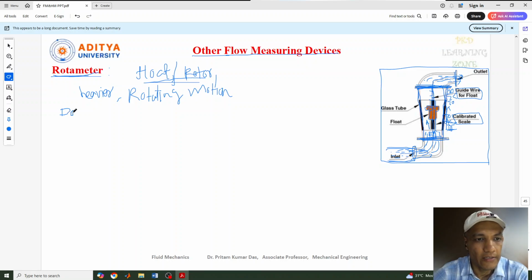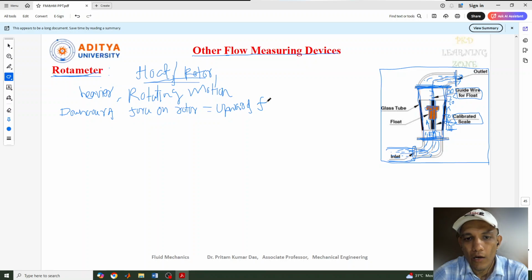That is nothing but the downward force on the rotor. So we can write this: downward force on rotor equal to upward force on rotor.